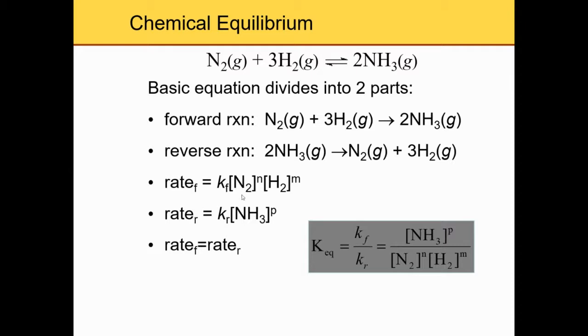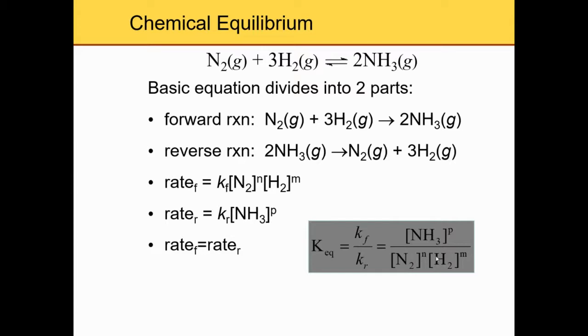And that's why if you look at this Kf, when they reach the equilibrium, the rate F should equal the rate R. So that means Kf [N2][H2] equals Kr [NH3].